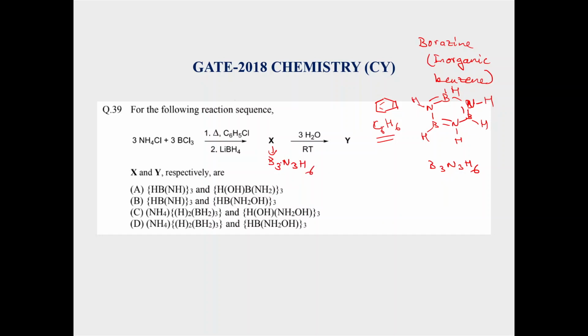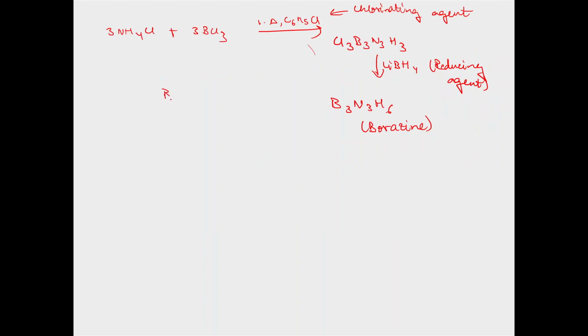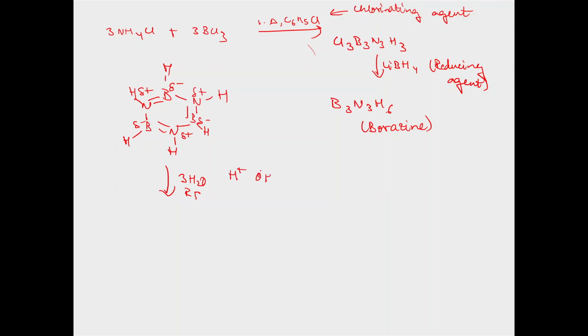In the next step, they are adding 3 equivalents of water to X at room temperature. Here we have delta minus, delta plus alternating on the ring. Water has H plus and OH minus.